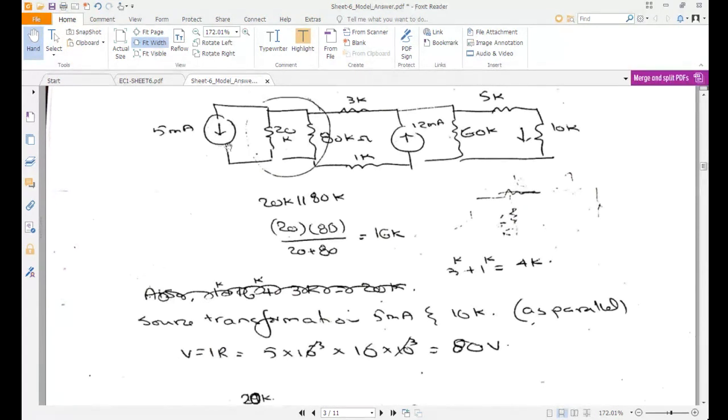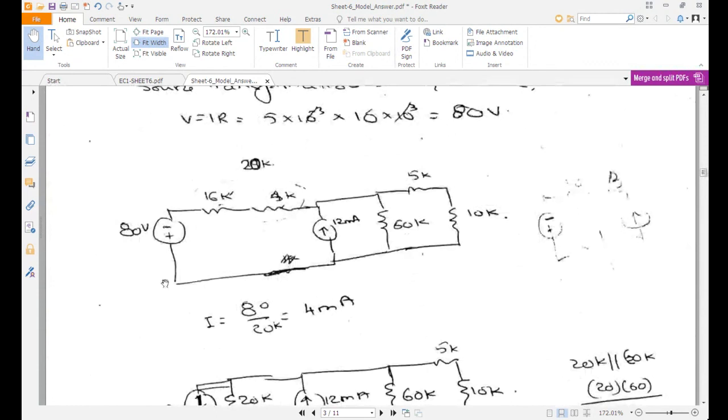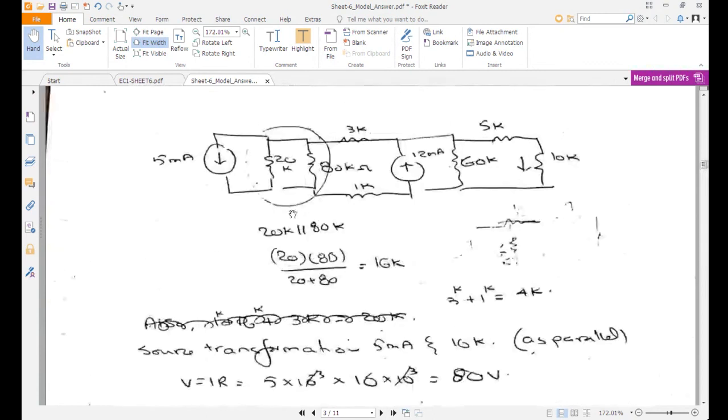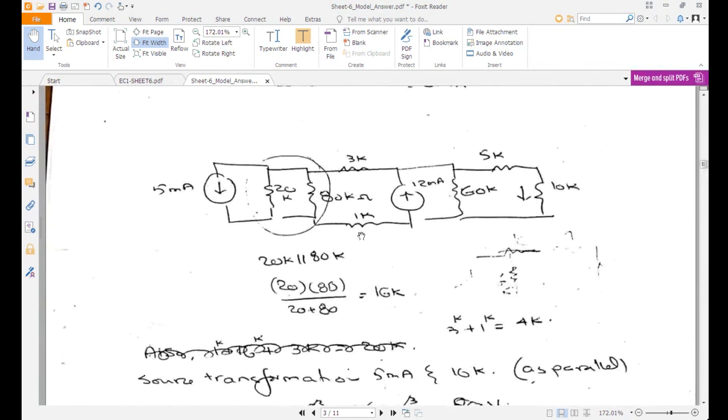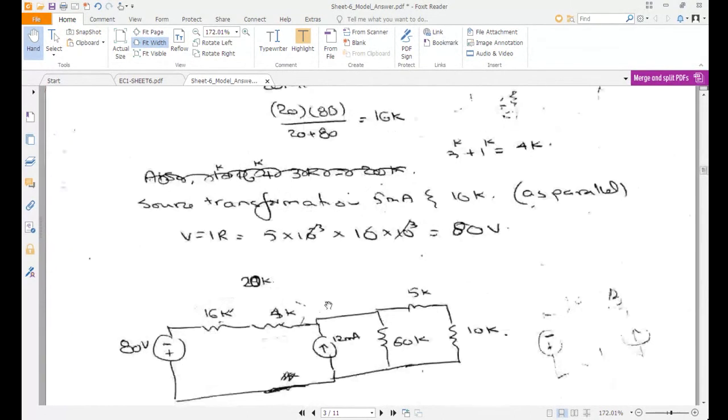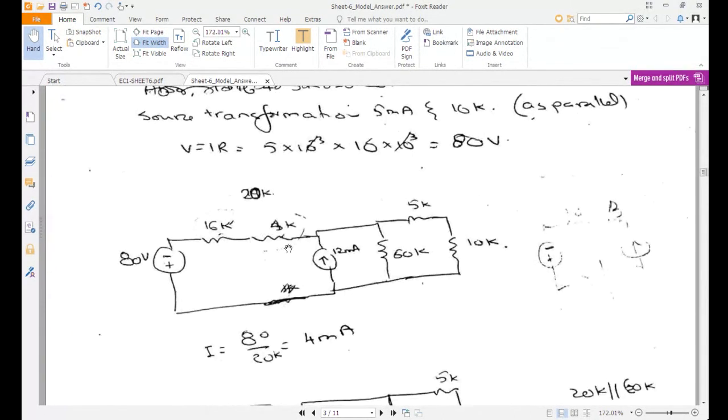This current source has been converted to 80 volt and the resistance is 16 kilo. You can see here 18, 16 kilo, and these two are in series. And also here we have 3 kilo and 1 kilo. These two are in series and can be added. It becomes 4. 4 and this is 16. 16 and 4. Okay, these two can be added again.